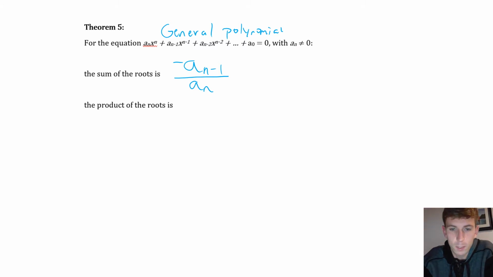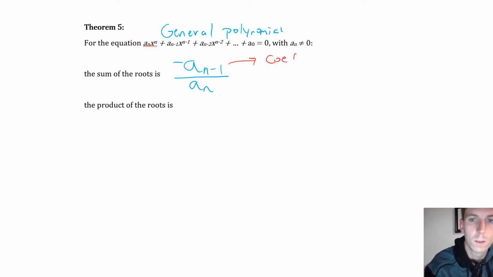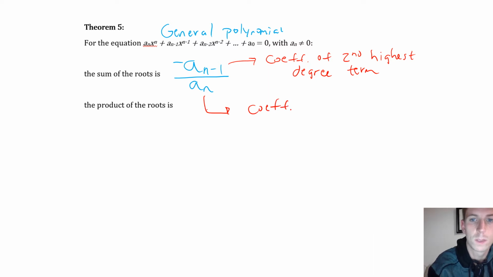There's a lot of notation there, but it's just negative 1 times the coefficient of the second highest degree term, and a sub n is just the coefficient of the highest degree term.